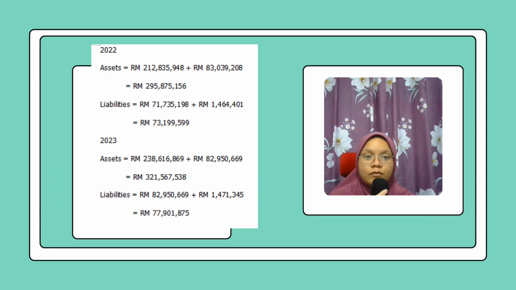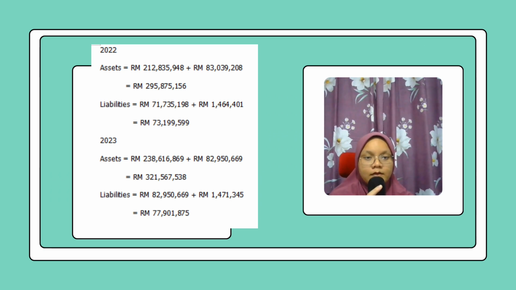For assets, 2022: RM 212,835,948 in 2022 plus RM 83,039,208 in 2023, and the total is RM 280,295,875,156.